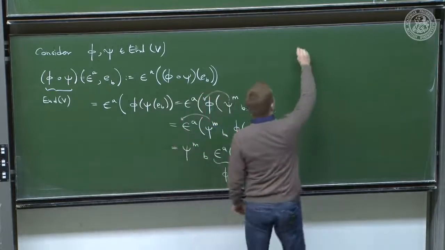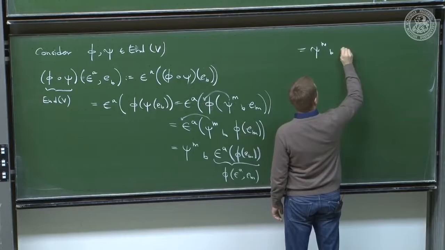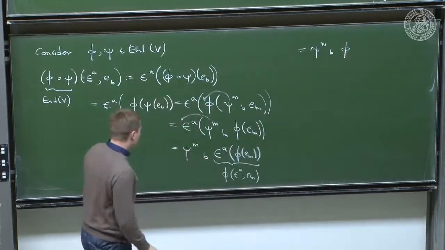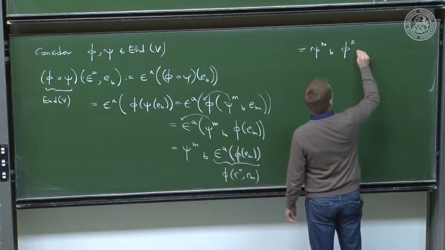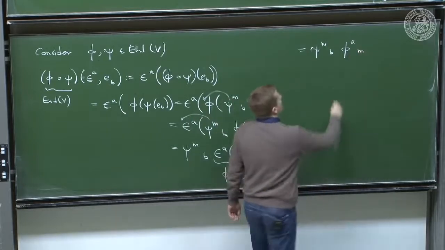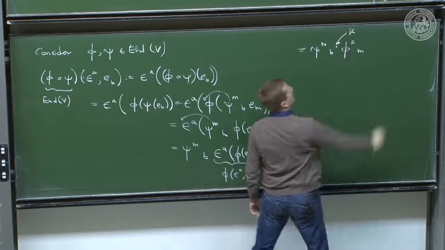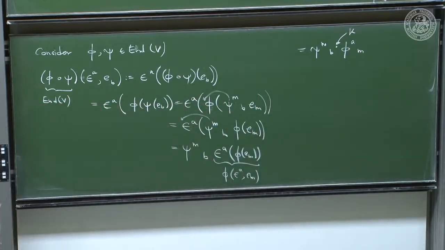So what you really have here is psi^M_B times phi^A_M. And what is the multiplication in here? It's the multiplication in the number field K. Okay, that's all very simple.